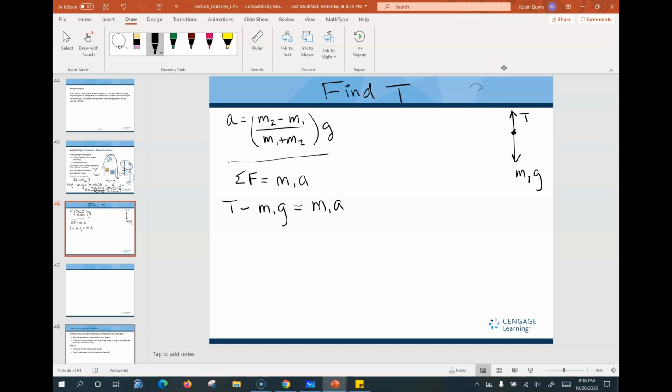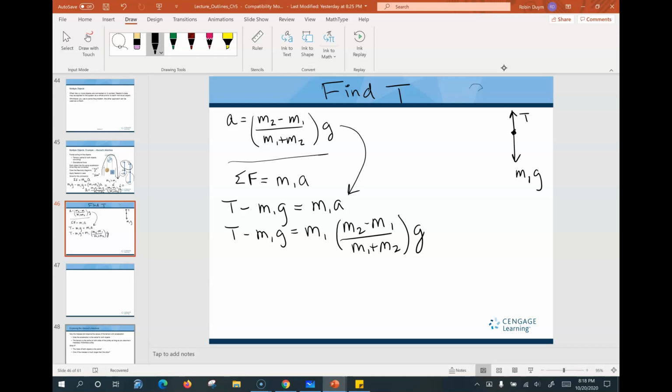Then, of course, we're going to plug in this expression down here for a, m2 minus m1 over the total. Now, there's some really fun algebra that I want you to try to do.